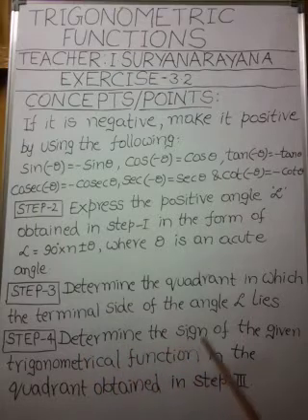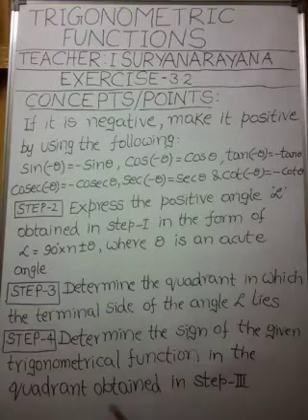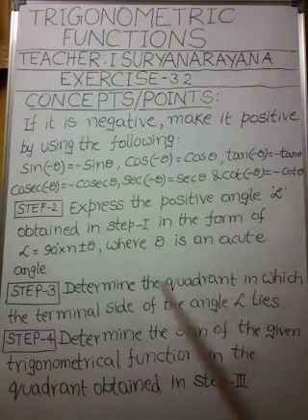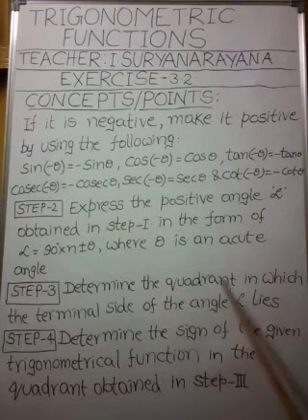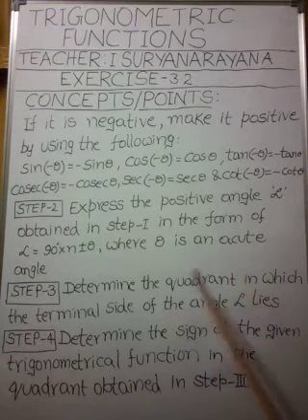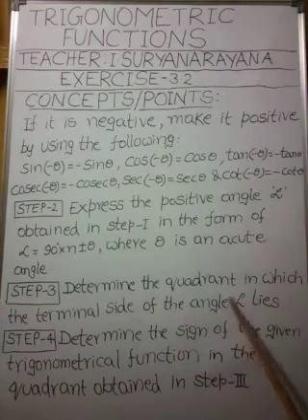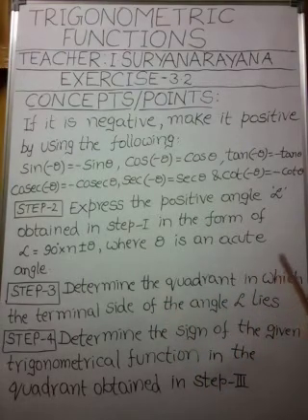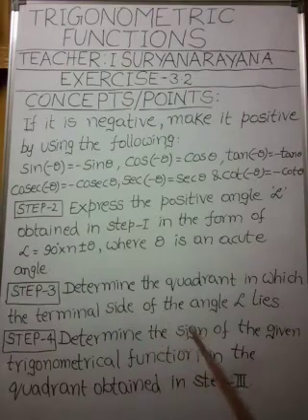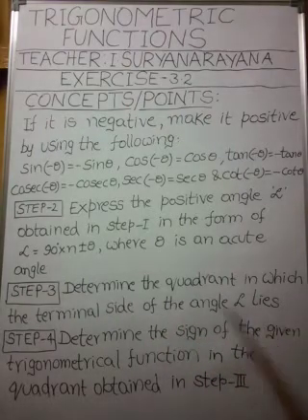Determine the sign of the given trigonometrical function in the quadrant obtained in step 3. Here in step 3, we find the quadrant, either first quadrant, second quadrant, third quadrant or fourth quadrant. According to that quadrant, we have to find the sign of the given trigonometrical function.